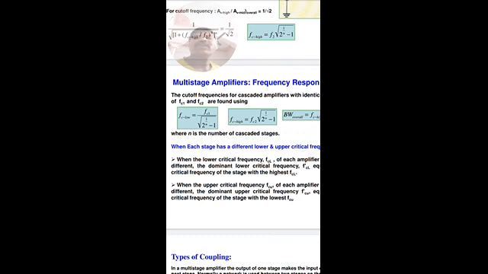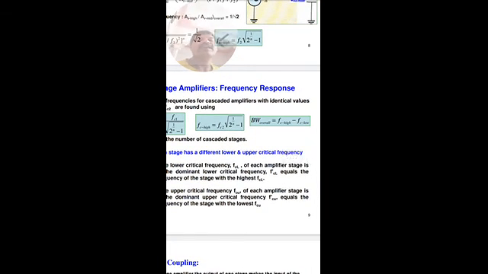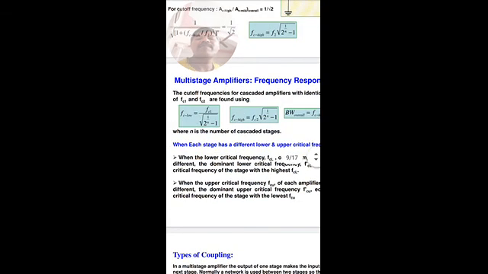So the overall lower cutoff frequency of a multi-stage amplifier is fc1 divided by under root 2 to the power of 1 by n minus 1, and the upper cutoff frequency of a multi-stage amplifier is fc2 into under root 2 to the power of 1 by n minus 1, and bandwidth is simply the upper cutoff frequency minus the lower cutoff frequency of the multi-stage amplifier.